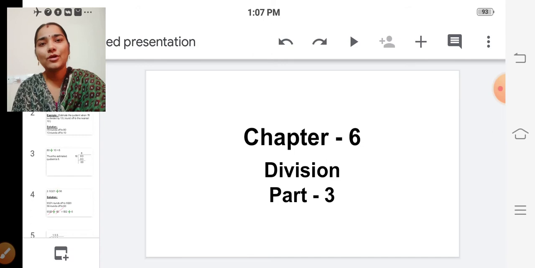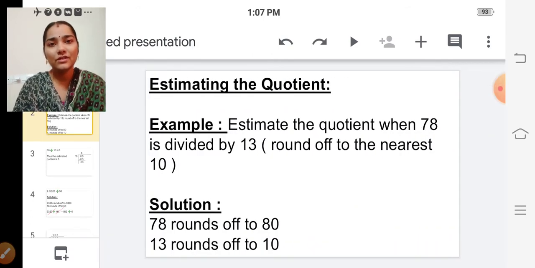Yes. So, today also we are going to continue the division chapter. Okay. So, estimating the quotient. To find the estimated quotient, first we have to round off the given numbers to the nearest 10.